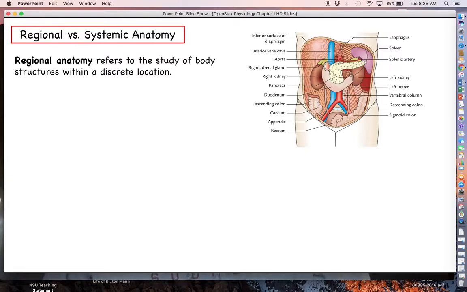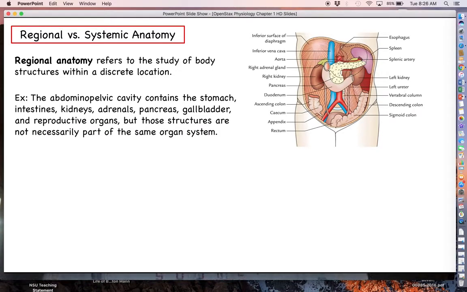Regional anatomy refers to the study of body structures that just happen to all be located in the same place. In the picture on the right, we are looking at all the different structures and organs contained within the abdominopelvic cavity. Now, not everything is visible here.